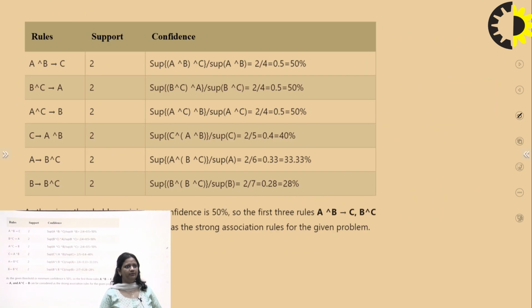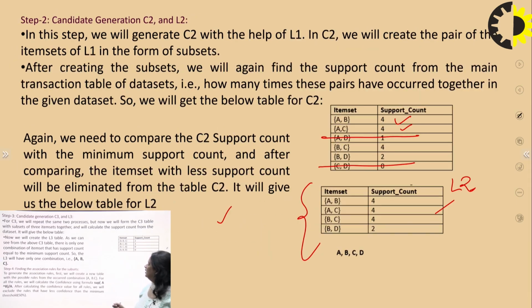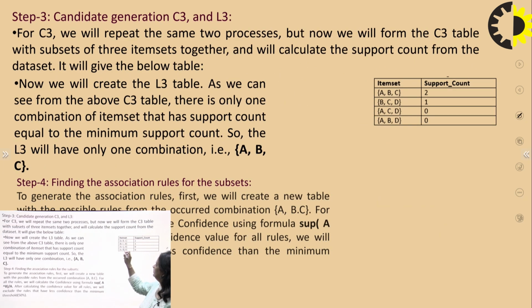Now the third step. In the third step, after the 1-item sets and 2-item sets, we generate 3-item sets. How can we combine them? A, B, C. Because A is common, we can use it only once. ABC, ABC already counted, ABD, and BCD.